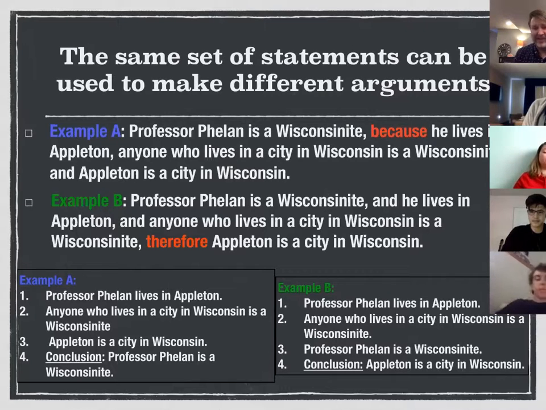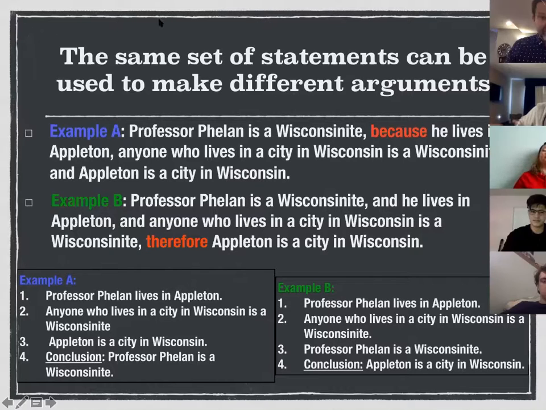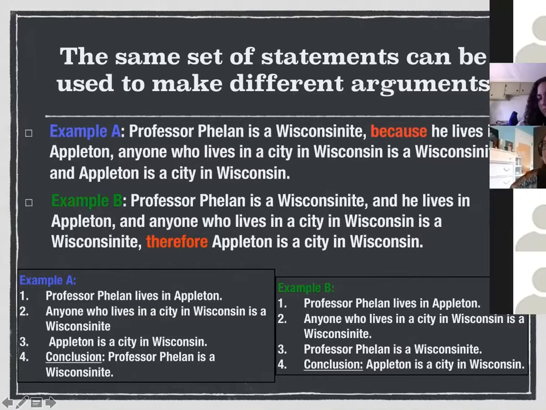Are these arguments valid? So what about example A? Is example A valid? Let's see, Owen, what do you think? I think it's valid. Okay, yeah. So example A is valid, it looks like here. Professor Phelan is a Wisconsinite follows from these other considerations, right? There's no way those other things can be true and this can be false.